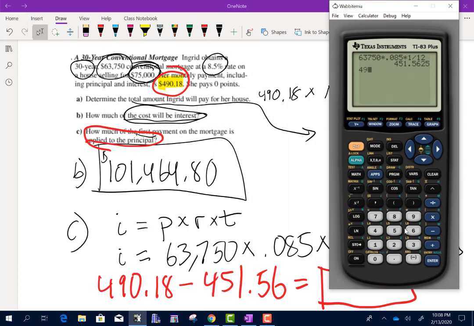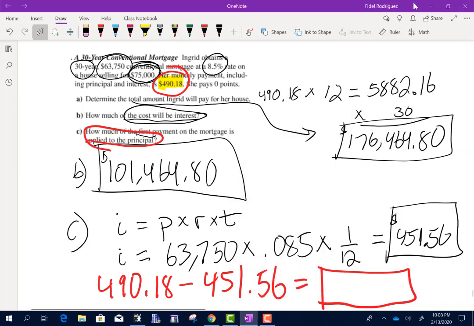I'm going to take $490.18 and subtract $451.56, and out of that first payment, only $38.62 actually went to the principal.